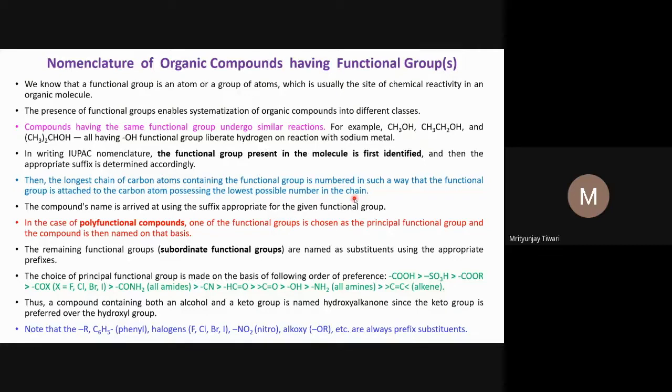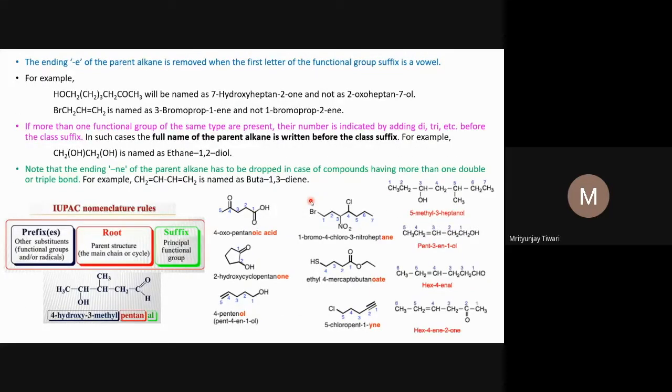The compound's name is arrived at using the suffix appropriate for the given functional group, and the prefixes that we have already used till now. So what is the rule we follow? Here it will be the branches and the root.